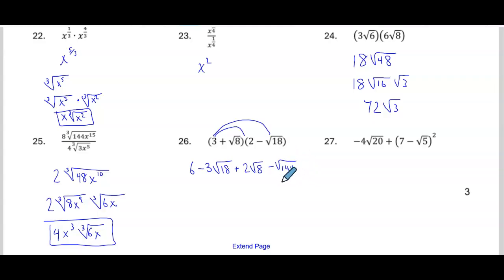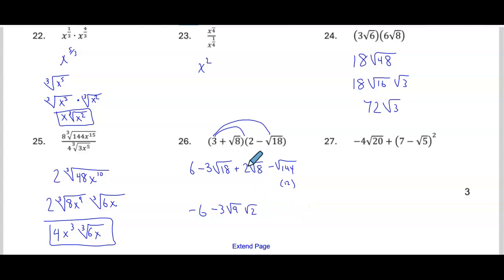Well, this is equal to 12. Right? So 6 minus 12 is negative 6. And then I have a negative 3 root 18. I think I should simplify that. So minus 3 times root 9 times root 2.